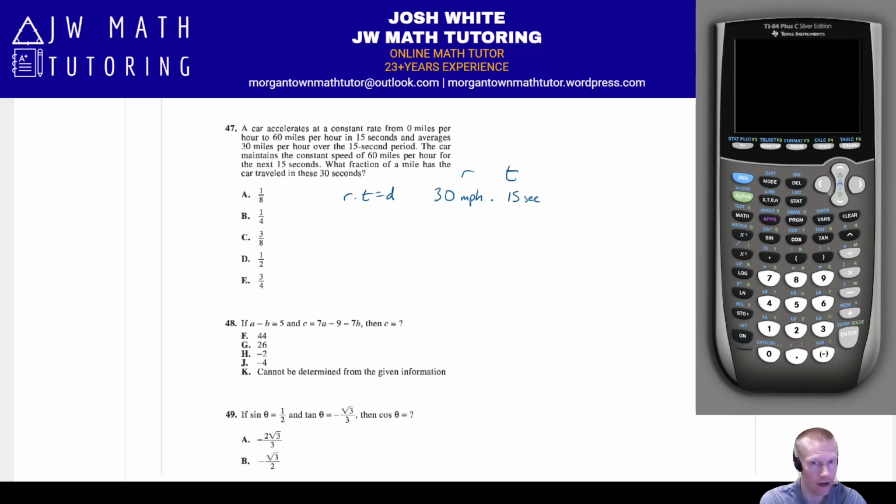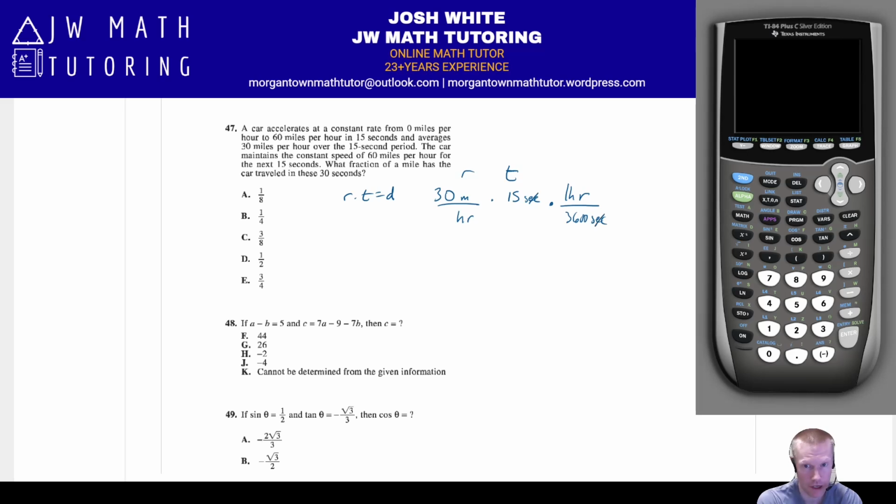So what I have to do now is convert 30 miles per hour into miles per second. First let me put the hours down here, and you can just keep the miles up there. Now we multiply by 1 hour over 3,600 seconds. You could also technically do 1 hour is 60 minutes, and 1 minute is 60 seconds, if you don't know that an hour has 3,600 seconds.